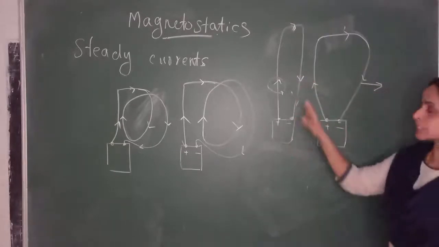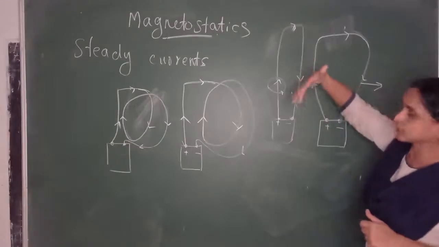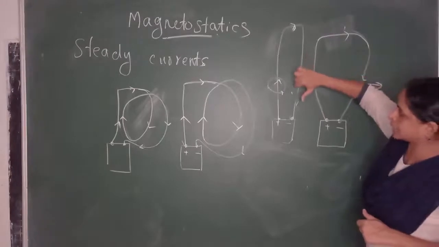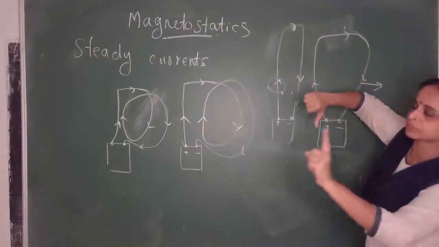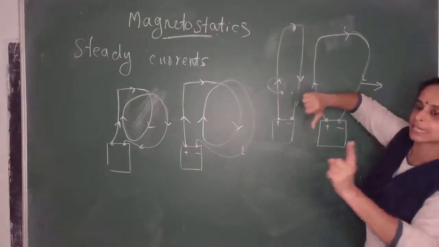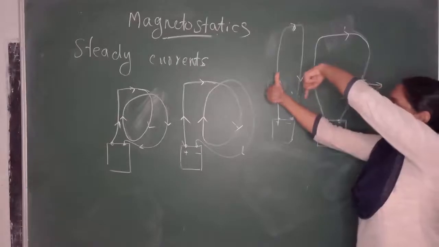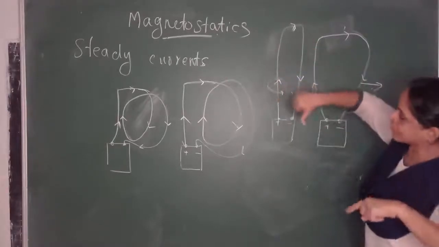So what is the direction of field due to the second wire? You can see that we can use the right hand thumb rule here. The direction of current is in this direction. So again here the direction of the magnetic field is clockwise. Here the direction of the magnetic field is anti-clockwise.